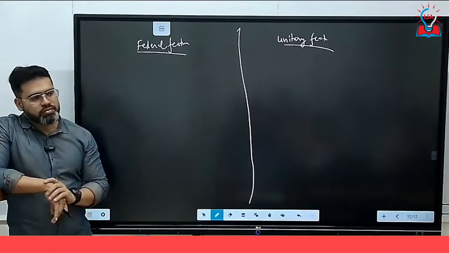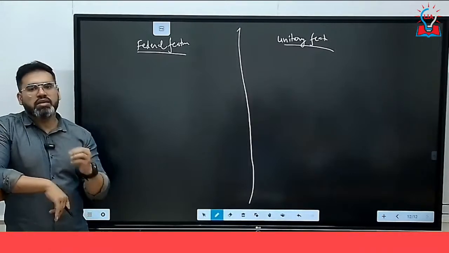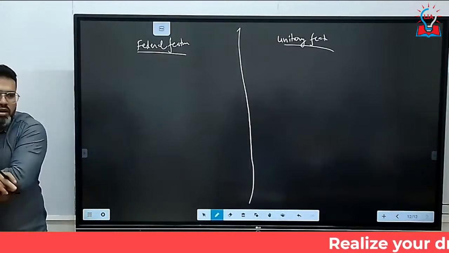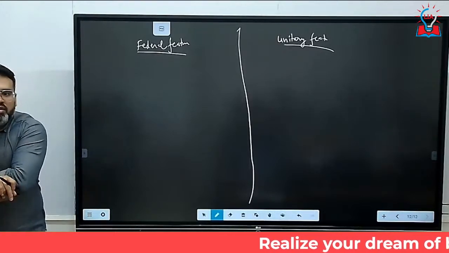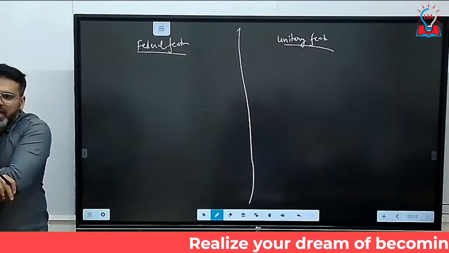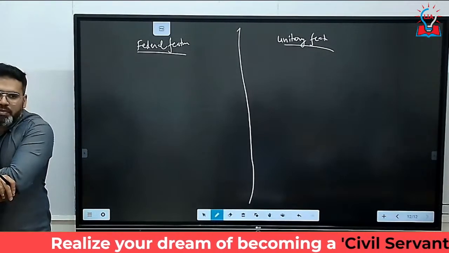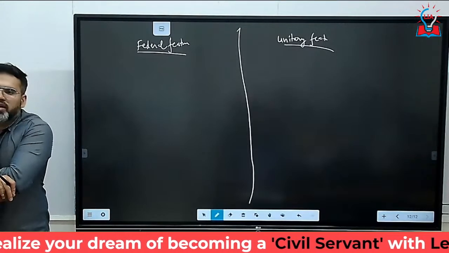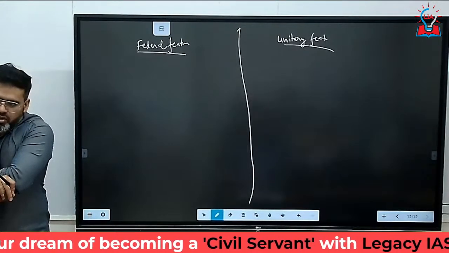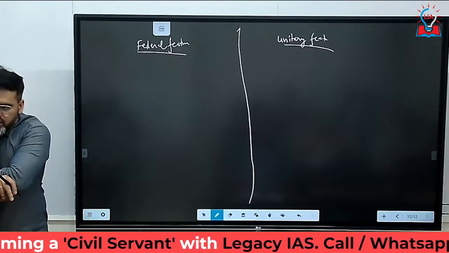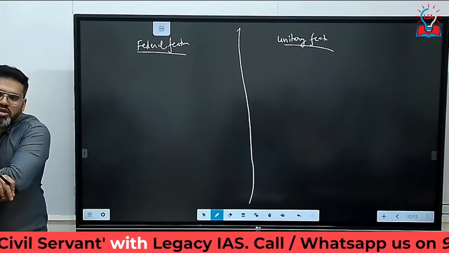Example, written constitution. Where will it come? Written constitution. Federal, because it is helpful for the state government. If any dispute happens over power, then the state government can approach the court. So the court is going to read that written constitution, and the court will resolve the issue easily.